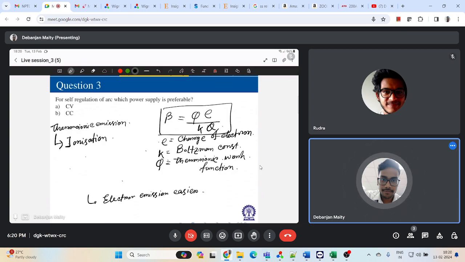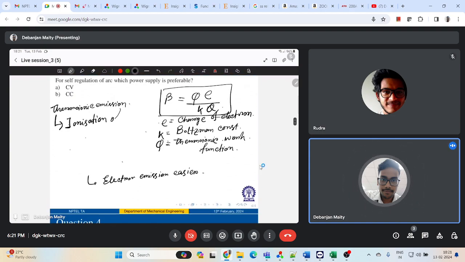Those ions will be attracted by the cathode, and there will be collisions happening, right? Those resulting collisions will keep the cathode hot, and the total current in the arc is carried by two sets of electrons. The first set, emitted by the cathode, is called primary electrons, and the second set is known as secondary electrons. There are two kinds of electrons, primary and secondary, and the latter are produced as a result of this ionization.